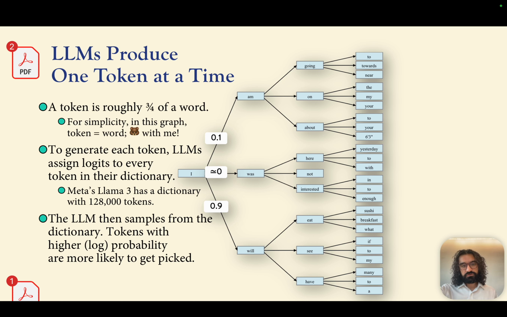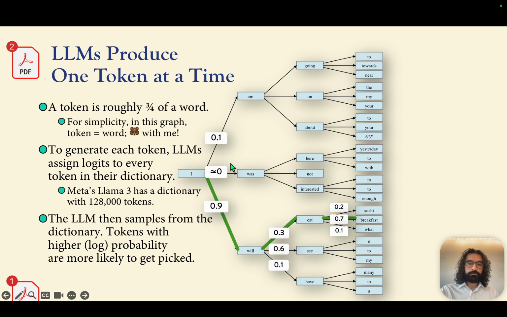In this case, I'm just showing three tokens at each iteration. Then it samples from them according to their probability. Sometimes the one with the highest probability gets chosen, like this one. Sometimes the one with lower probability. But in the end, the text that you get from the model is really a token trajectory. The first token comes from this, then the second token comes from this, and the third, and so on and so forth.